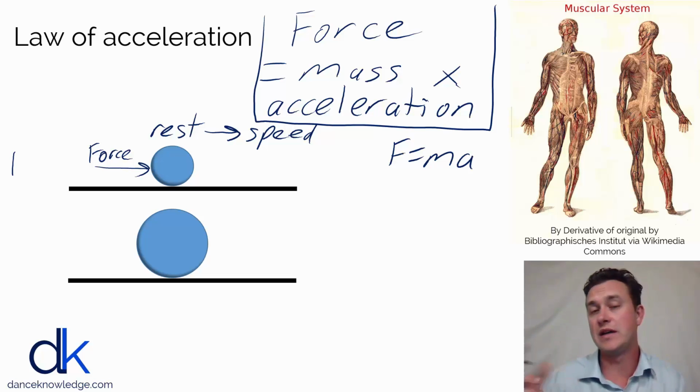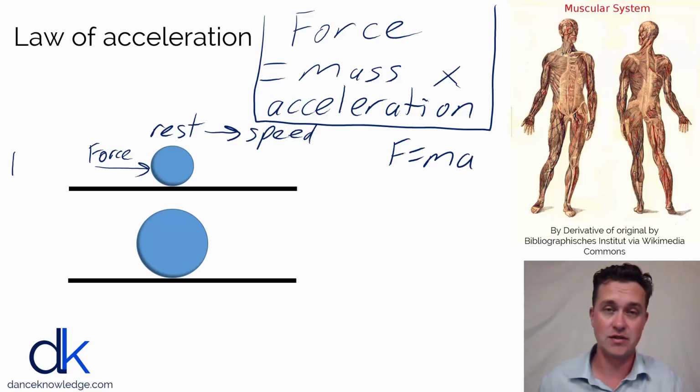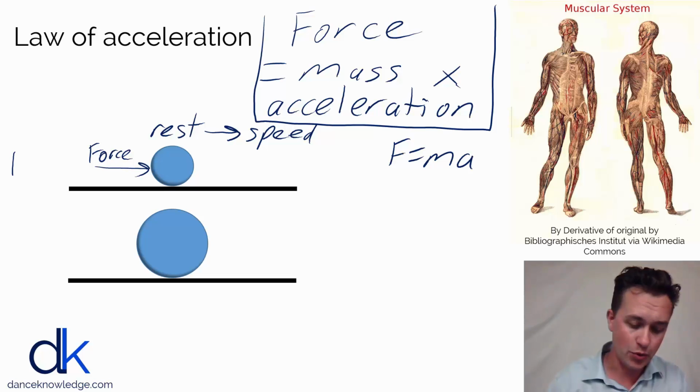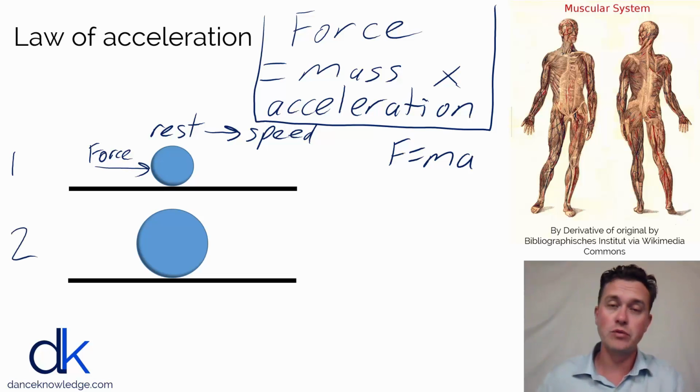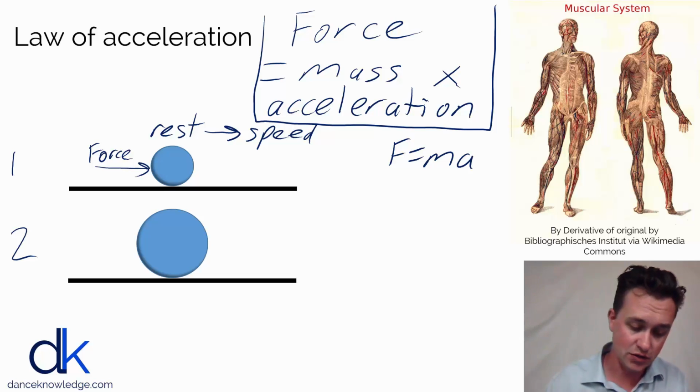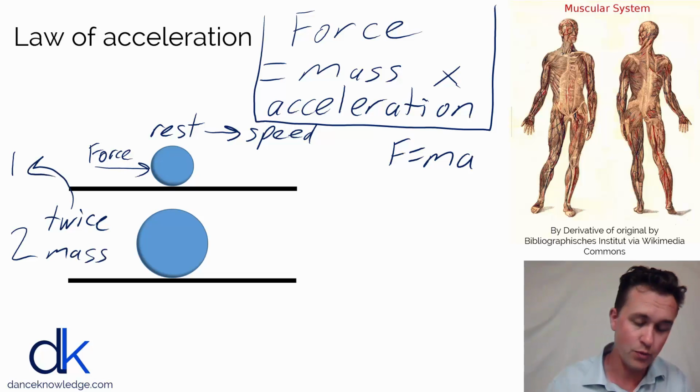So let's tweak this equation. Let's look at how it can affect the way that these different masses can move around in space. So here we have ball 2. And ball 2, let's assume it is twice the mass as compared to ball 1 here.